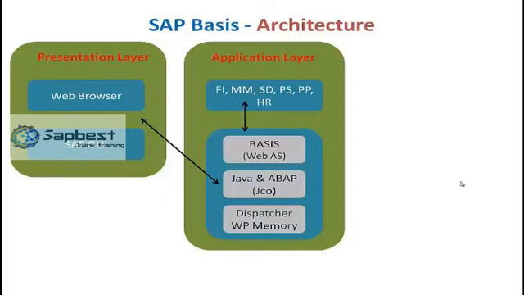After I log in to the SAP basis layer, I can have access to the applications which are running above the basis layer, such as finance, sales and distribution, project system, production planning, human resources, etc. To access them, I have to either use the SAP screen login, SAP menu, or I can use T codes.